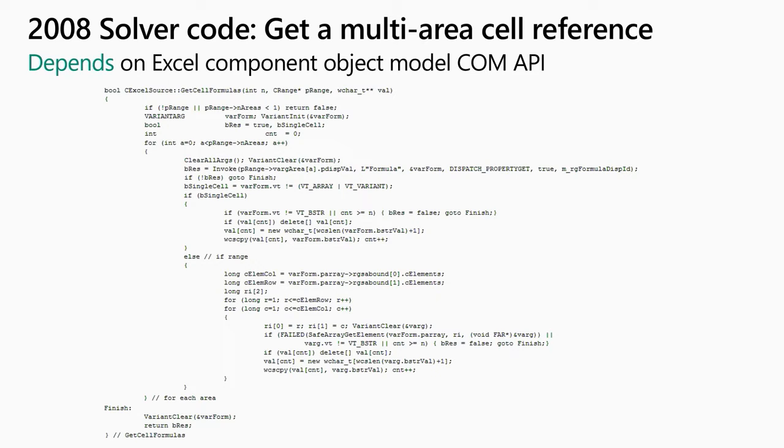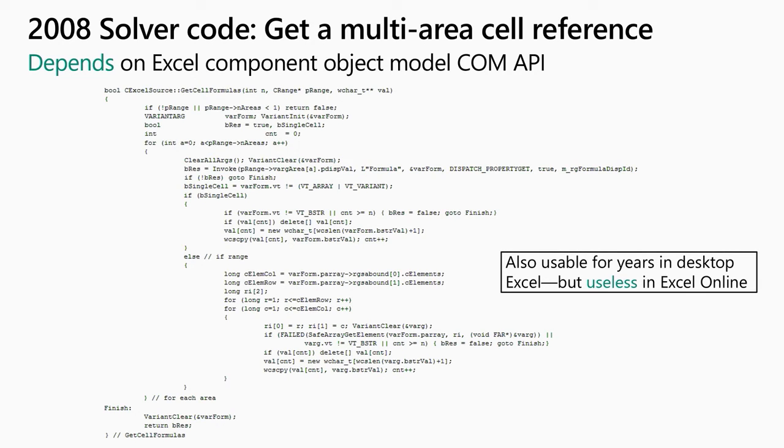But this code is doing almost the same thing. It's retrieving the formulas instead of retrieving the values from a possibly multi-area cell range on the worksheet. Now, the code that we saw a moment ago was usable for a long time, but not usable in Excel Online, and that's true again here.